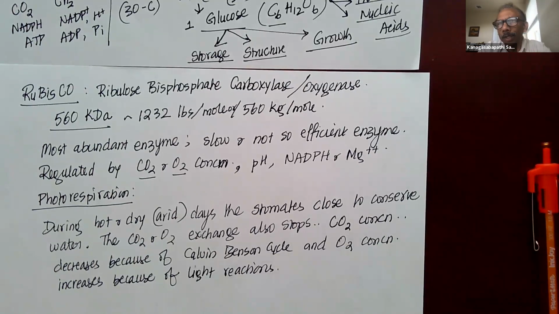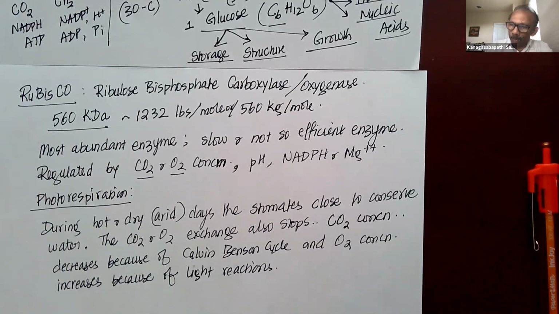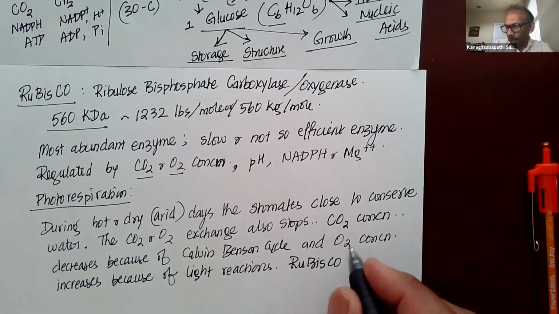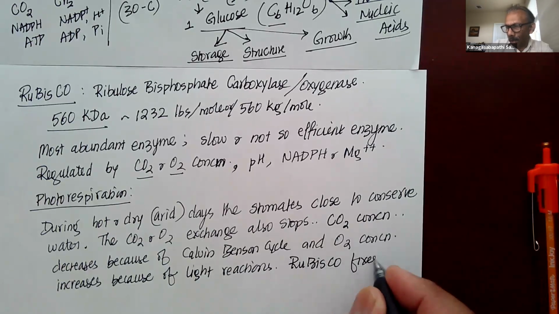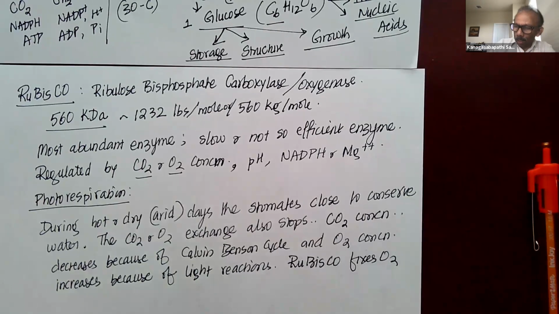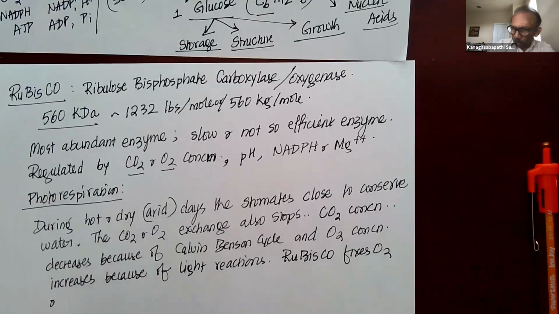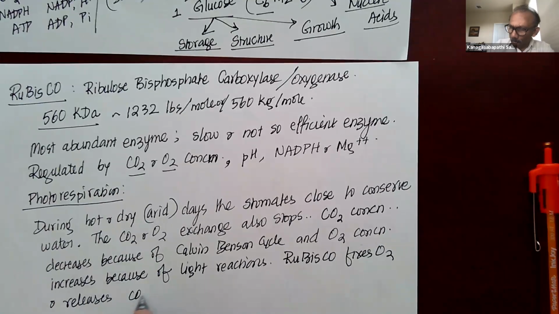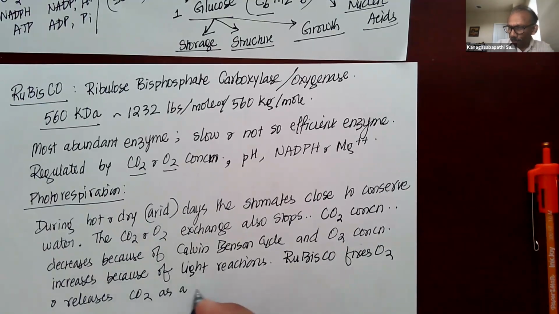Too much oxygen is also not good because it can cause oxidative damage. So at that time, Rubisco comes to the rescue. It fixes oxygen and releases CO2 as a byproduct. That is what is called photorespiration.